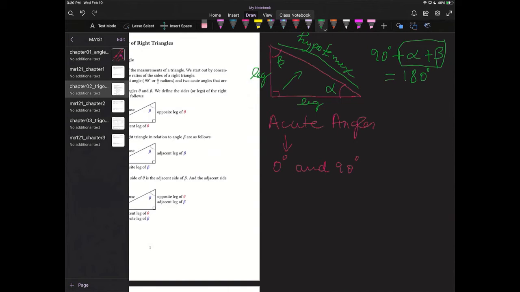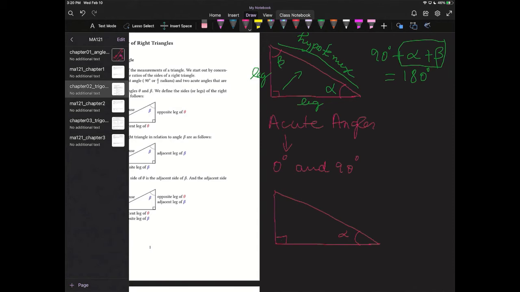Now, if I define the position of the sides in relation to these two angles, there are other terms to define those sides. So let me use the same triangle, assuming that's a copy, even though it's not exactly a copy. I'm looking at the angle alpha.